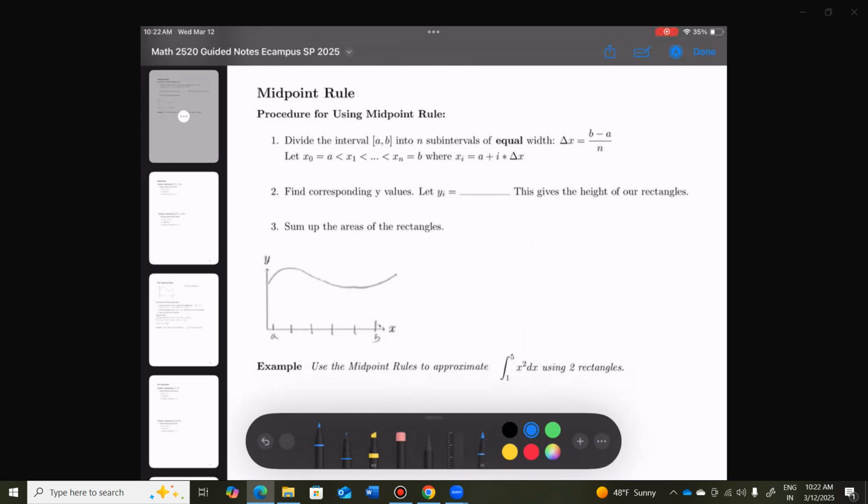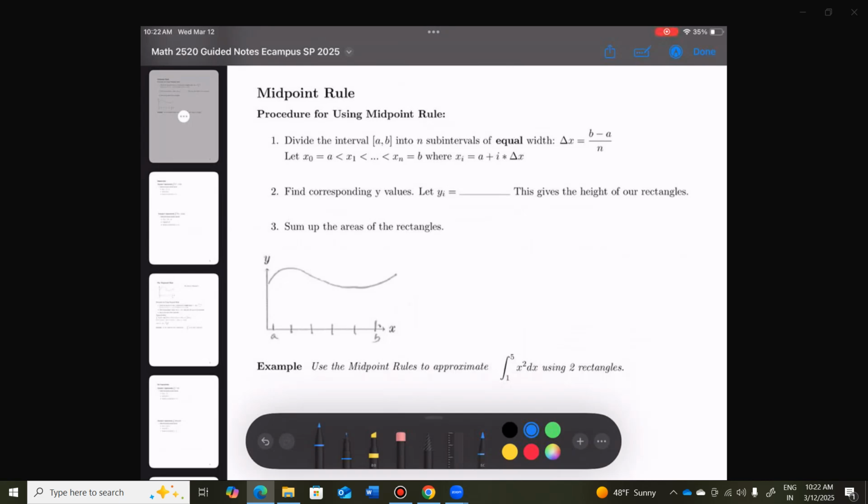So first, with the midpoint rule, we're going to divide an interval from a to b into n subintervals of equal width, and so that width is going to be b minus a over n. This is something straight from the Riemann sum.